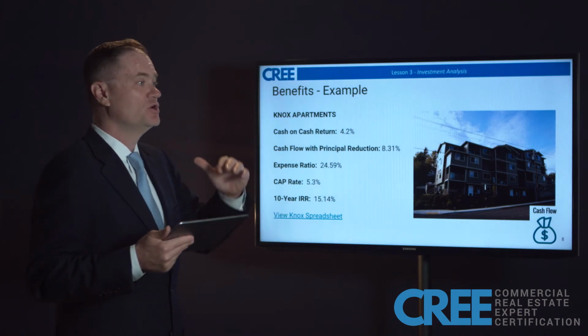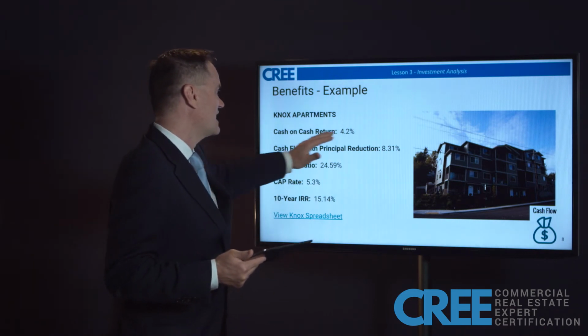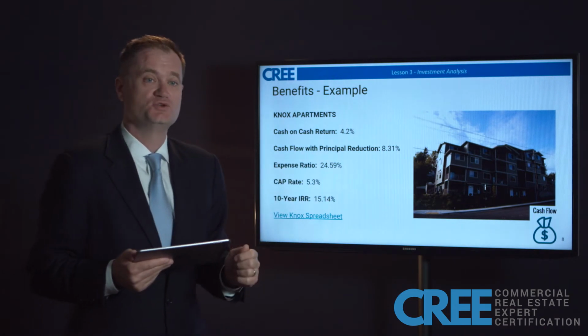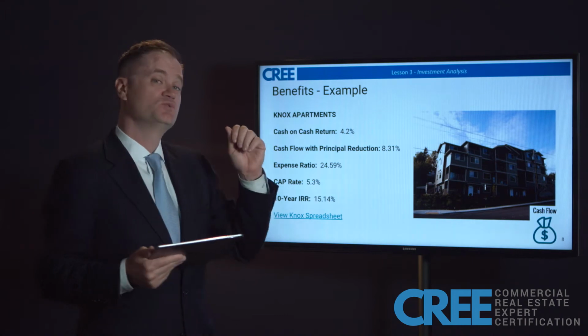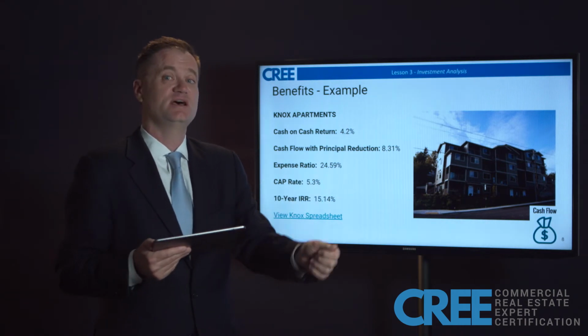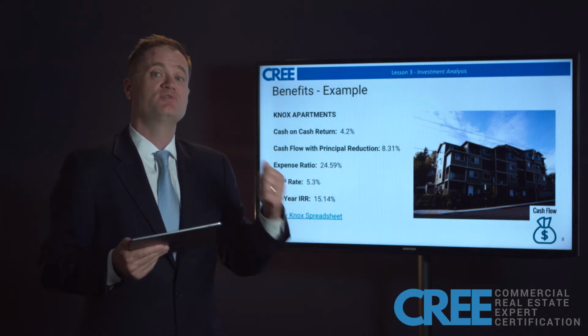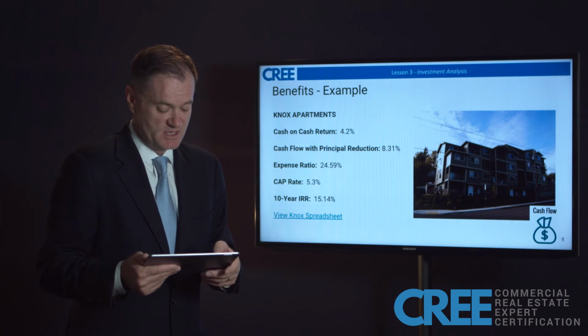But from the first benefit of enjoying cash flow, again, the cash on cash return is 4.2%, which is the return that they're getting based on the $1.2 million that they invested and the cash flow that they're getting back out after they pay their mortgage.